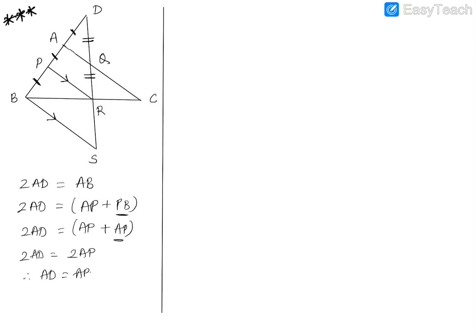We have to prove AQ is parallel to BS and DS is equal to 3 times RS. It's not as difficult as it looks. It's pretty simple that way.